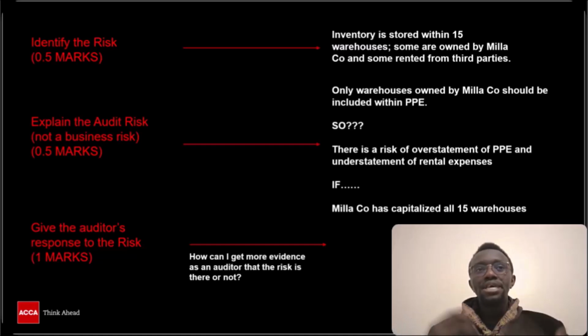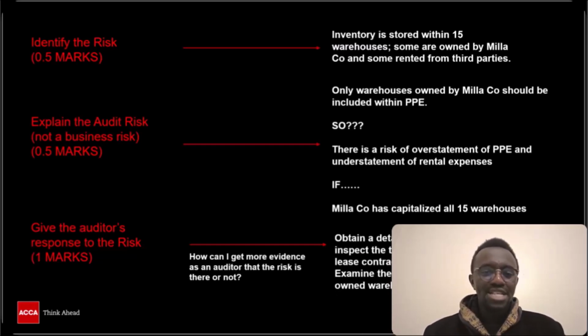How do I know that they've done the right accounting treatment? Well, maybe I should obtain a detailed listing of all the warehouses, inspect the title deeds, the purchase agreements, or even lease contracts to confirm that they're owners. Okay, and then examine the accounting records to ensure that only owned warehouses are included in PPE.